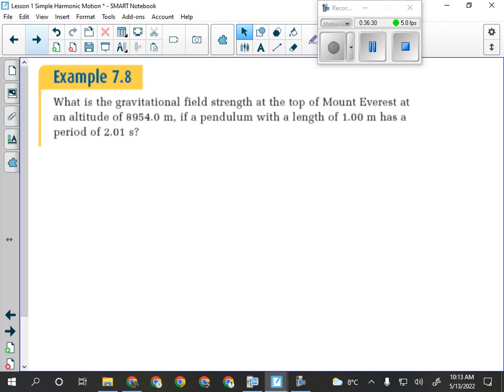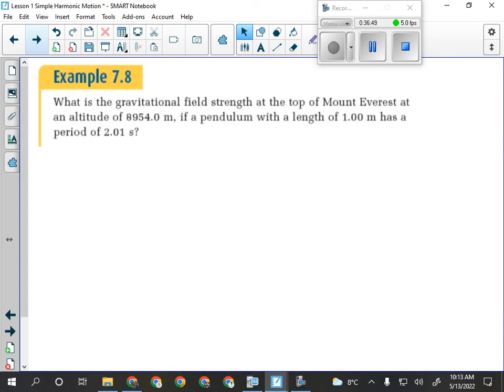Calculate the gravitational field strength at the top of Mount Everest at an altitude of 8,954 meters if a pendulum with a length of 1.0 meters has a period of 2.01 seconds. You do not need to use little g equals big G times m over r squared here. Okay?